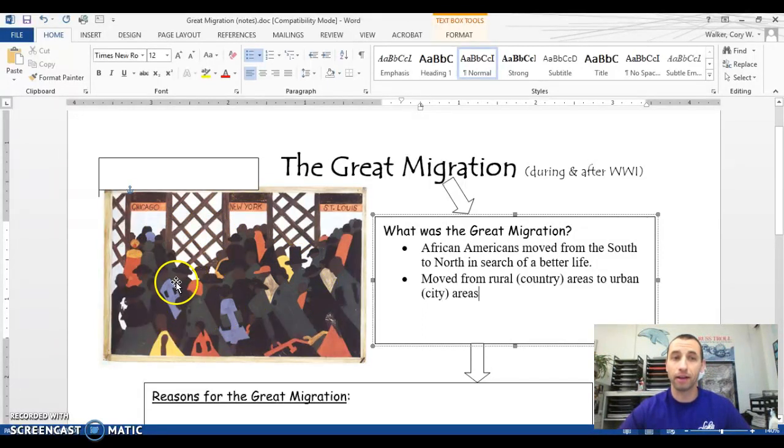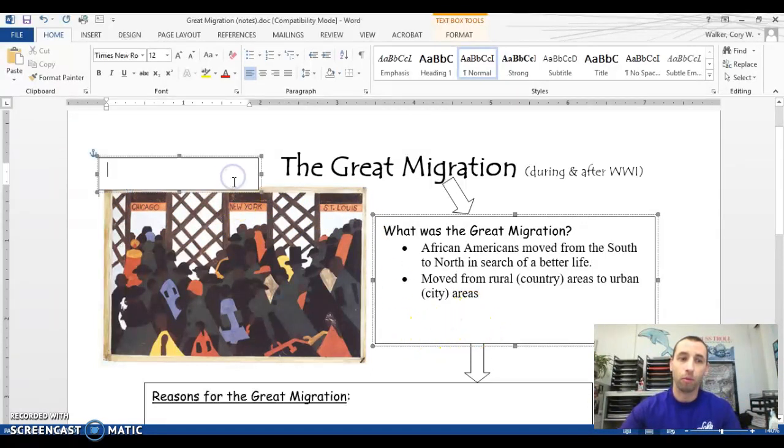These are African Americans flooding into the train station. It's super crowded, and they're going to cities like Chicago, New York, St. Louis, which are all in the North or Midwest. This painting was done by a famous painter who painted about the Great Migration, and his name is Jacob Lawrence.